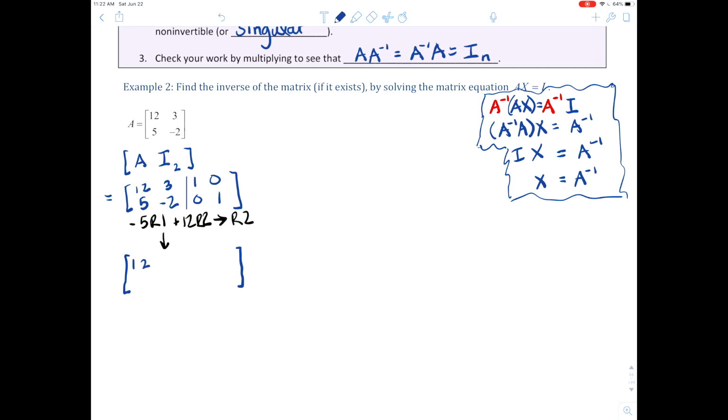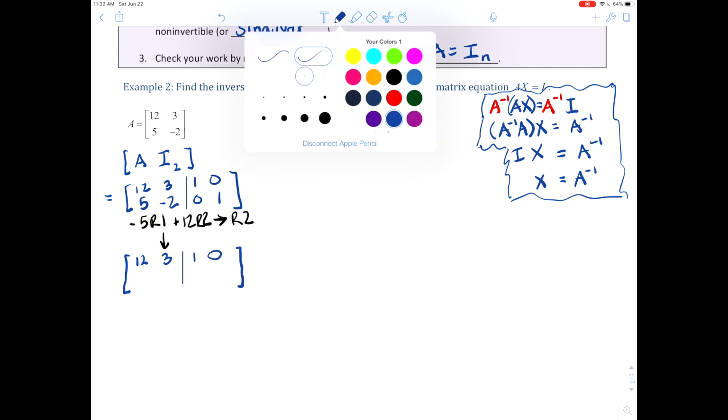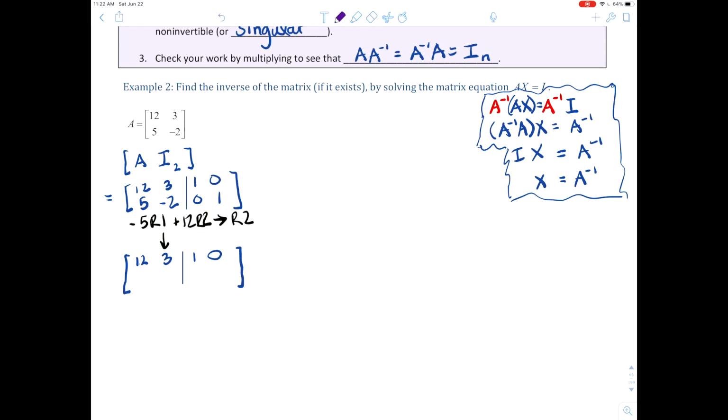All right, well, that'll give us, I'm going to rewrite row 1 immediately so I don't mess up and change that. And then our new row 2 will be, well, negative 60 plus 60 is 0, right? And then we'll have what?